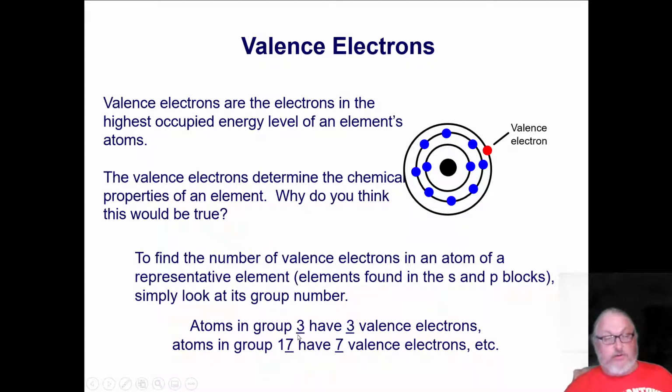So atoms in group 3 will have 3 valence electrons. Now with the new numbering system, if you're in group 17, drop the 1 and you'll have 7 valence electrons. If you're in group 13, drop the 1 and you'll have 3 valence electrons, like aluminum.